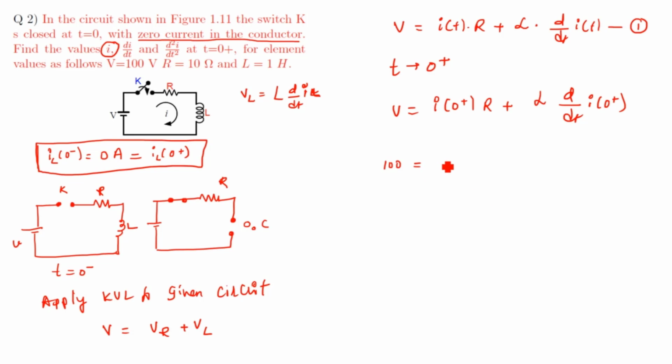That is 0 into R plus the value of L, which is 1, into d by dt of I at 0 plus. So the first term is 0. Then what is the value of the first differentiation of I at 0 plus? That equals 100 amperes per second.